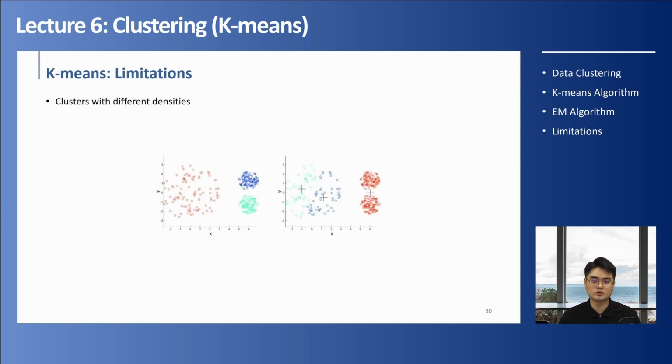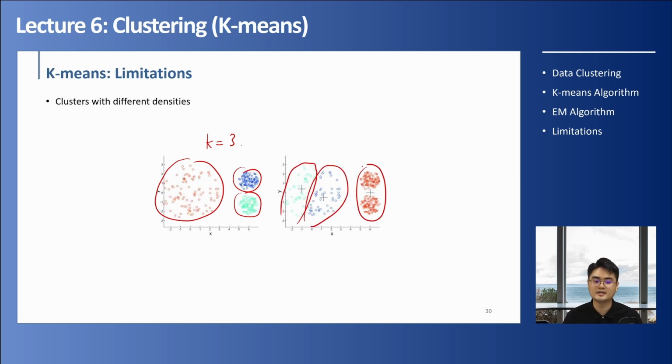Also, as I introduced before, if our clusters have different densities, k-means clustering will not work well. For example, if we have some examples like this one, we can know that we will have about k equals 3 clusters. This is something ideal, what a human can do. We can group our data points into 3 clusters like this. However, if we use k-means clustering, it will cluster it something like this, because the clusters have different densities.